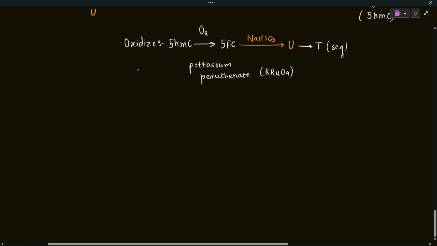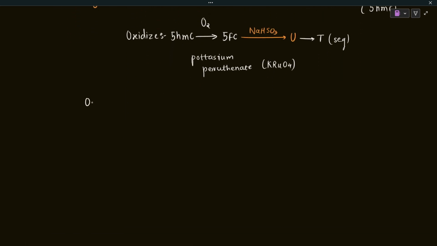Now let's compare oxidative bisulfite sequencing versus bisulfite sequencing. In bisulfite sequencing, cytosine gets converted into uracil, and that is why it is read as thymine. Let me write it as follows: this is the original nucleotide, this is the converted nucleotide, and this is what is read in the sequencing.